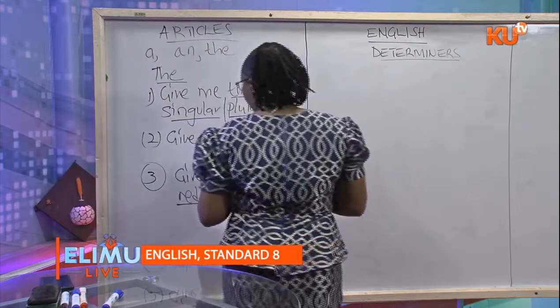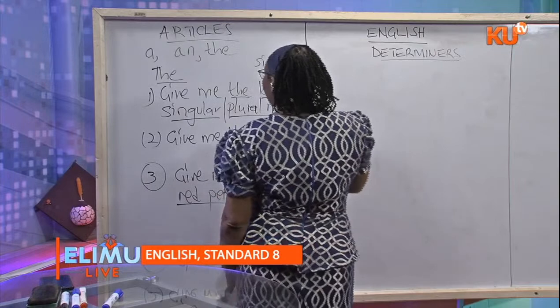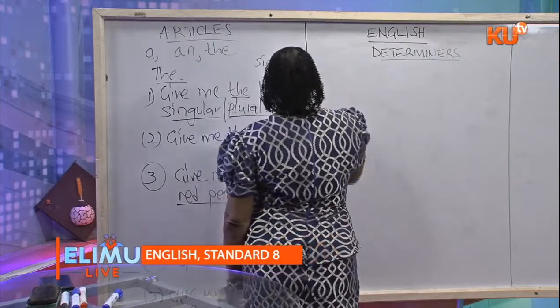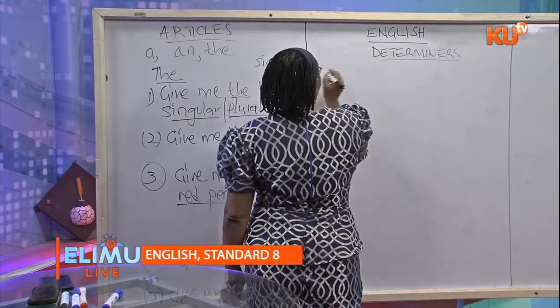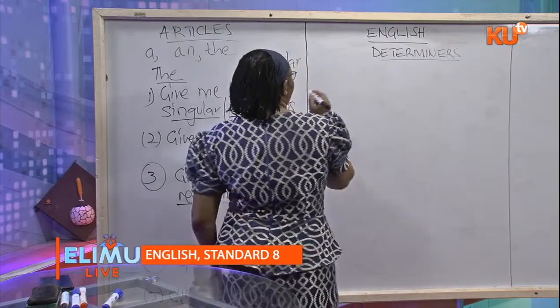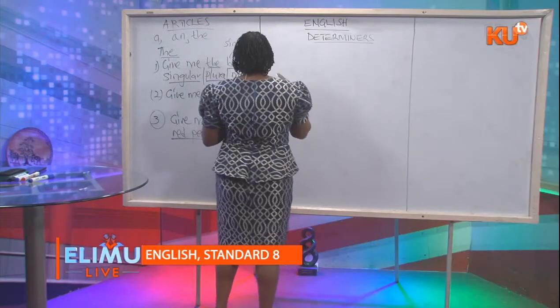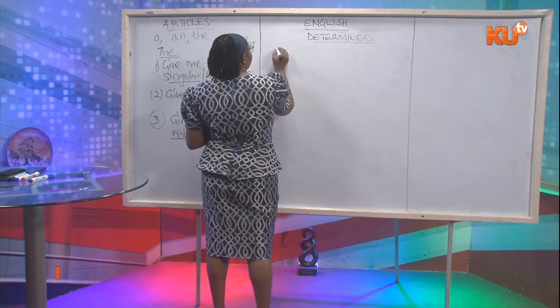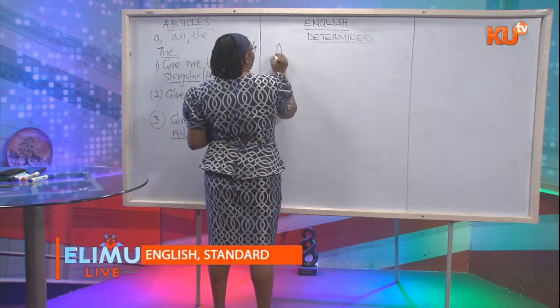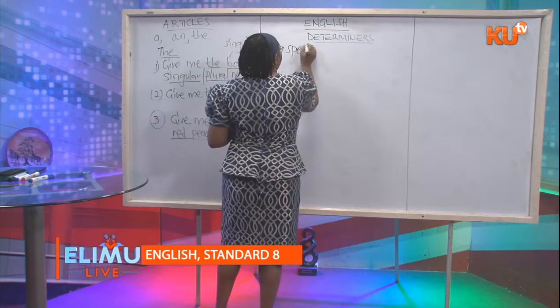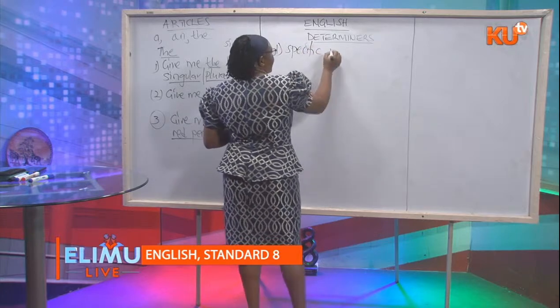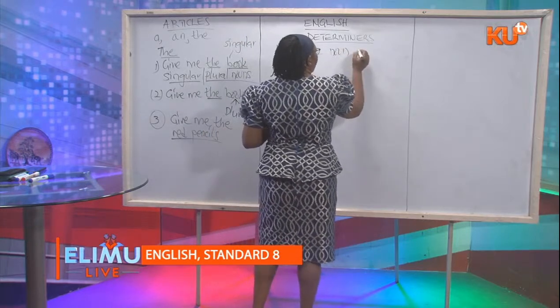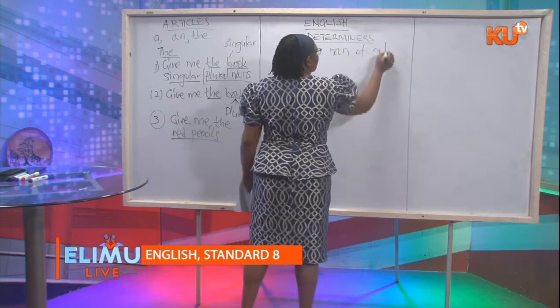Articles. Okay, before we move to the other articles, article "the" can also be used with a noun of its own kind. A specific noun of a kind.